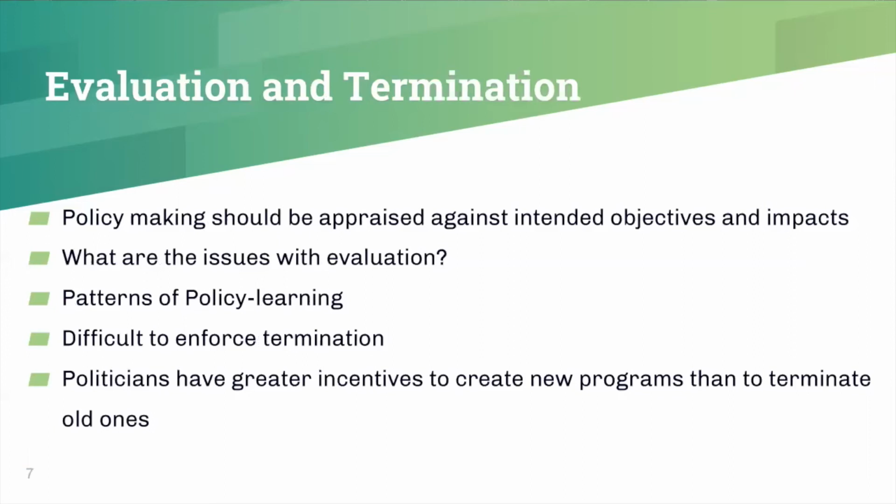The normative rationale is that policymaking should be appraised against intended objectives and impacts. The studies focus on intended results and unintended consequences of policies as a measure of how effective a policy is. There are a few issues with evaluation, mostly based in partisan politics.